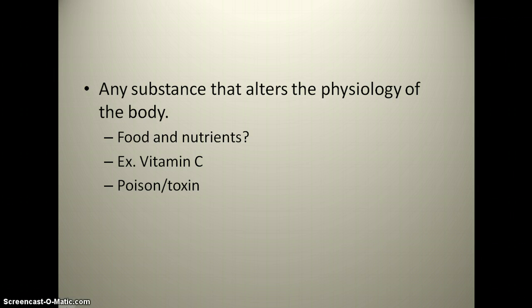But what about drugs that are like medicines? Or what about vitamins? A lot of it was to treat illnesses, but what about like a poison or a toxin? If we use a definition of any substance that alters the physiology of the body, then food, nutrients, even water would have to be considered a drug.